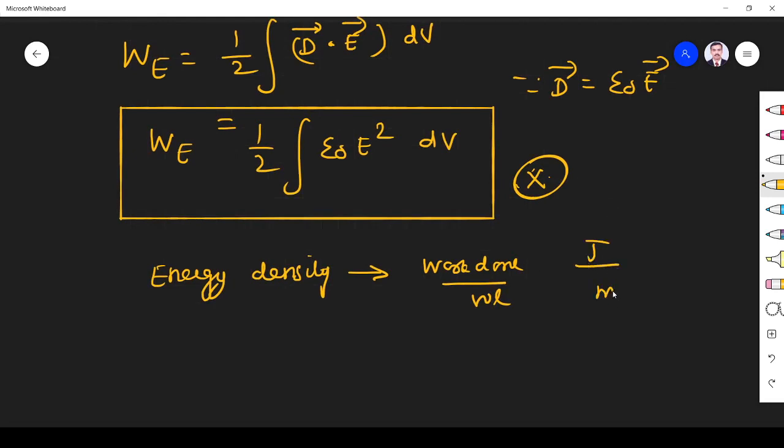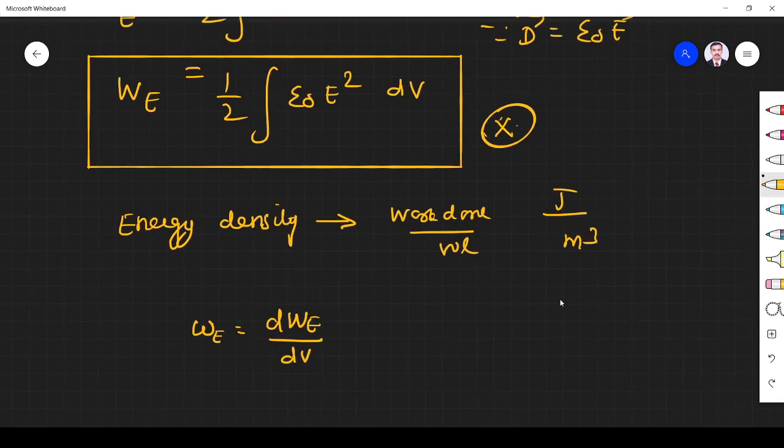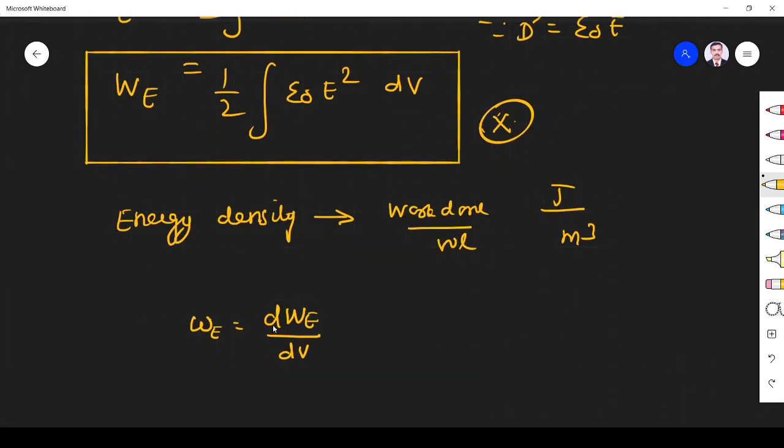Work done is joule, volume is meter cube. So what we have to do is work done per volume, that is the rate. So energy density is given by small w. Small w is given by dW_E by dV, right? So the rate of change per volume, dV is the volume here.